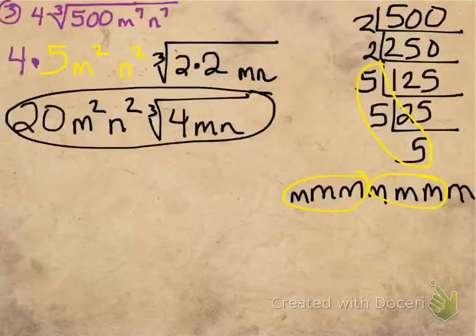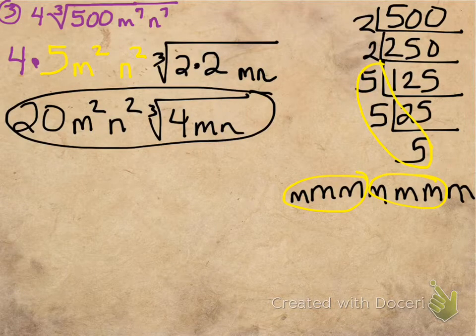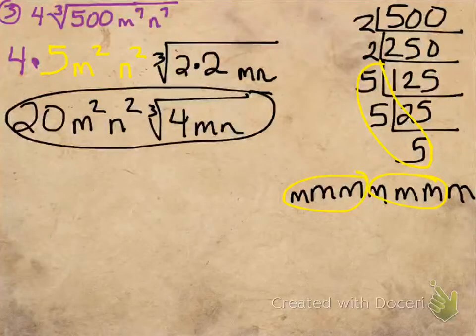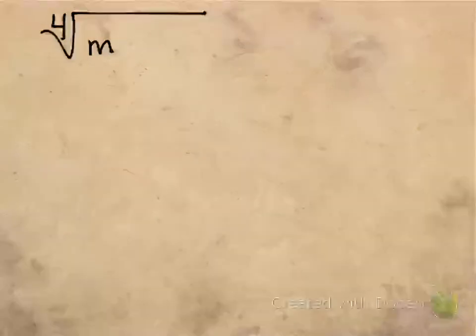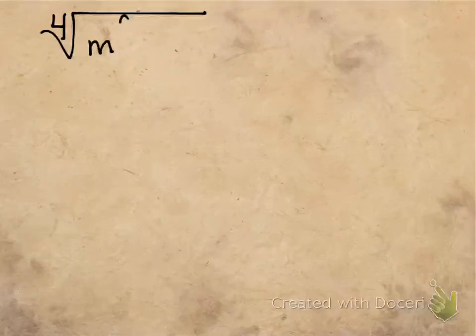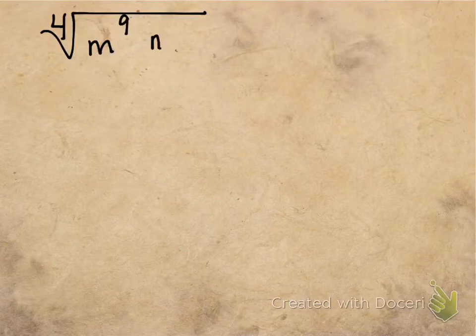And I'm going to do one real quick other one. And this one's not going to take long. We're just going to look at the variables. So let's say I have a 4th index of m to the 9th, n to the 2nd.